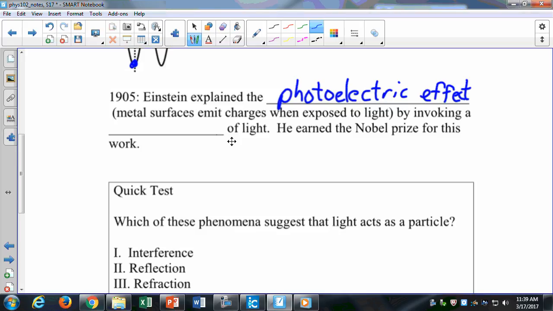And he said that's not really possible with a wave theory of light, so he invoked a particle theory of light. Because when you shine light on a piece of metal, you have to have a certain corpuscle or a certain quantity of energy to liberate those electrons.